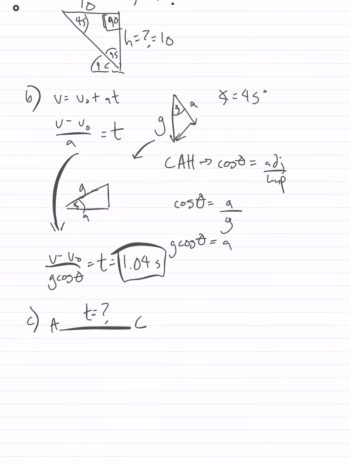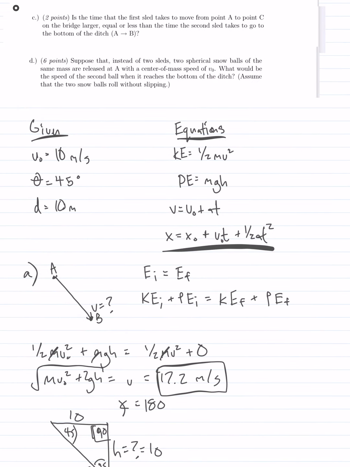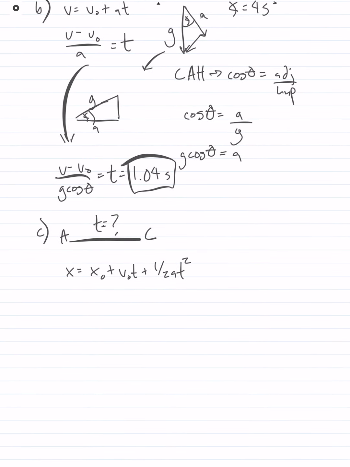And for this, we would use one of the equations we had mentioned earlier. x is equal to x0 plus v0t plus 1/2 at squared. I wrote it up top over here. And one thing to know is that we have no acceleration and the initial distance is 0. So we could write it very simply.